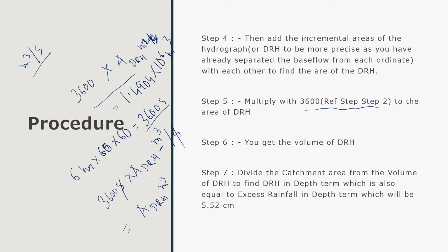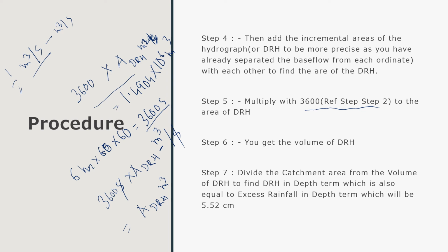Why? Because all the ordinates of this area or graph were in terms of meter cube per second. So you have actually deducted meter cube per second from meter cube per second only while finding out the length of the sides. So the unit was not changed. Even if we have divided by 2, 2 was unitless. So that is why the resultant area has come as per the unit of the ordinates.